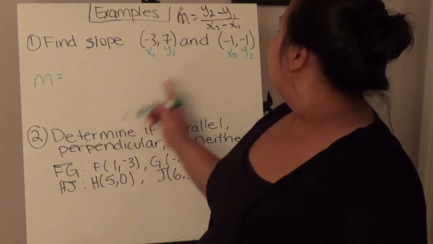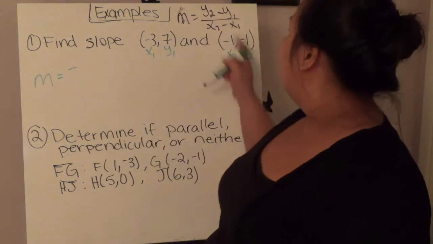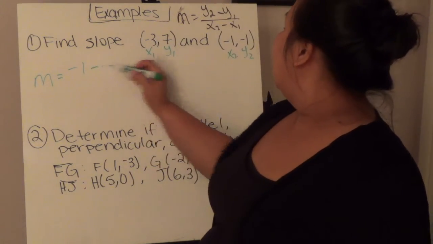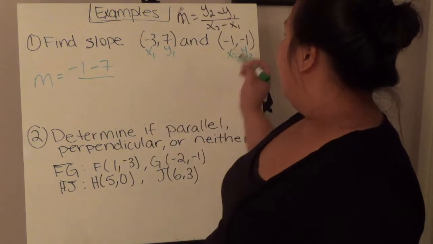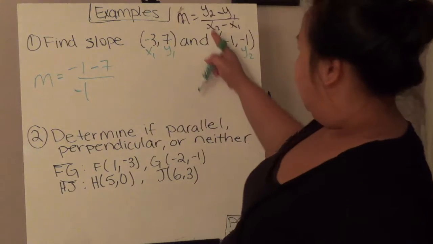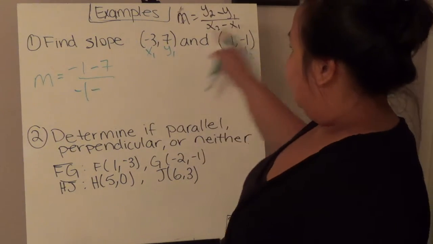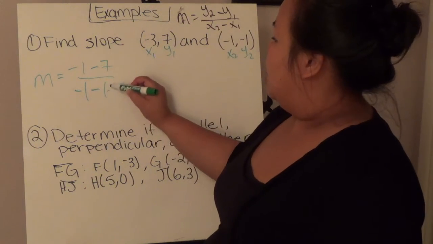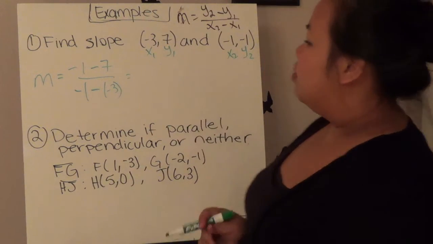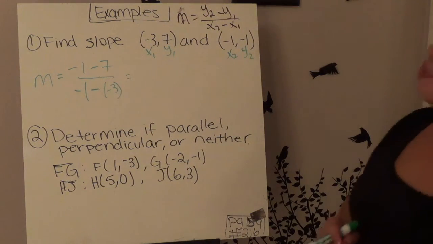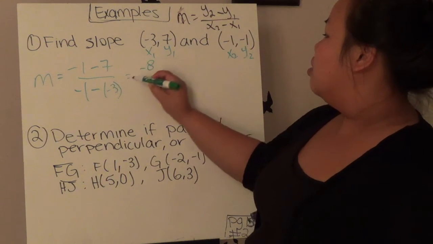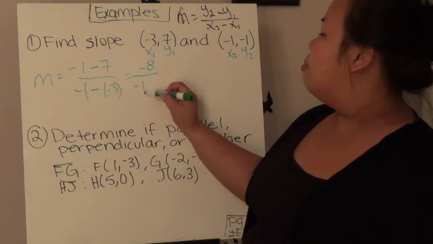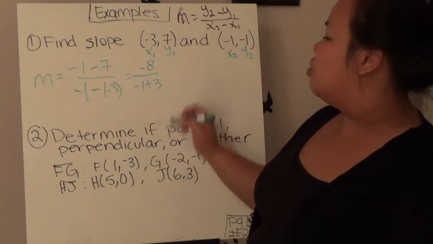So m equals -1, that's y2, minus y1, which is 7, over -1, that's x2, minus x1, which is minus a -3. Okay? And then -1 minus a -7 will give me -8. -1 minus a negative is +3, right?